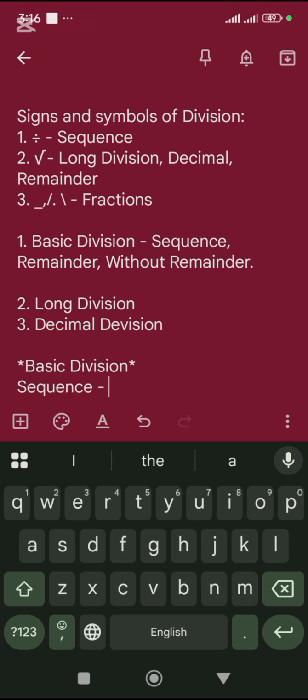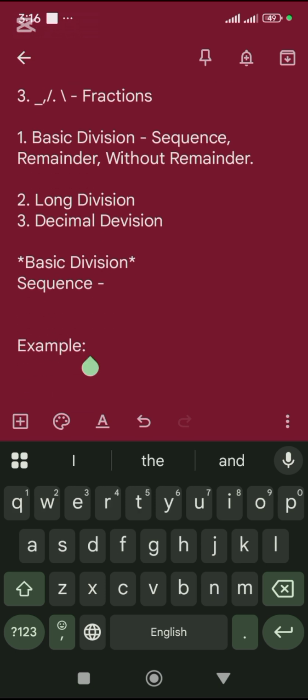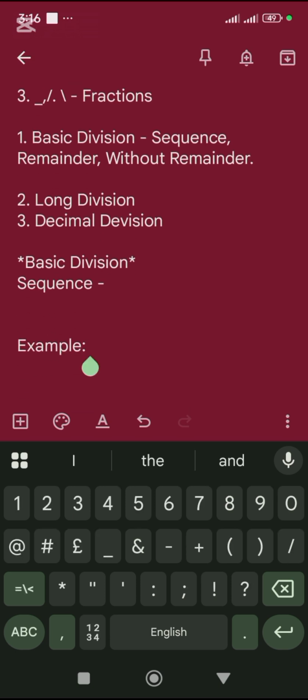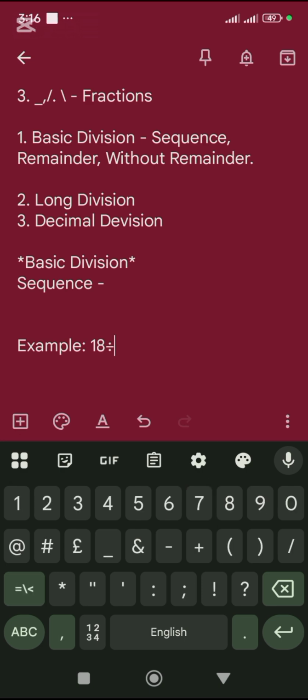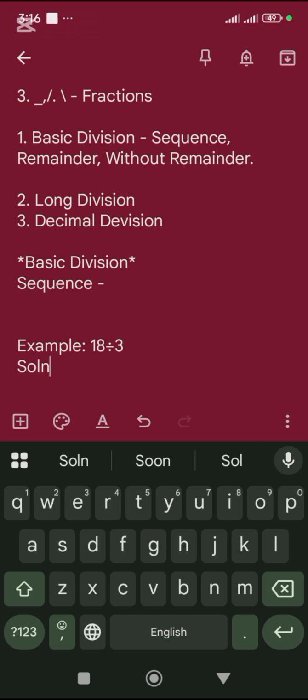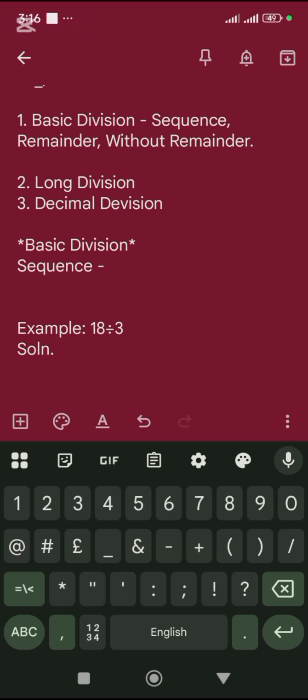When you are given, say, 18 divided by 3, what that means is that you are to divide 18 into 3 sets of people, or 3 groups.